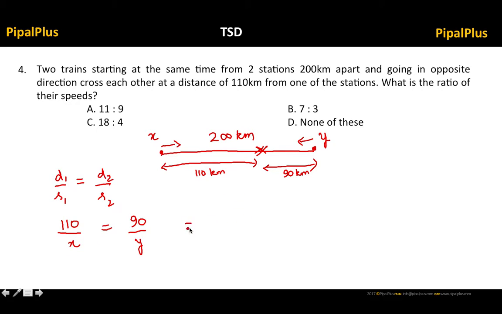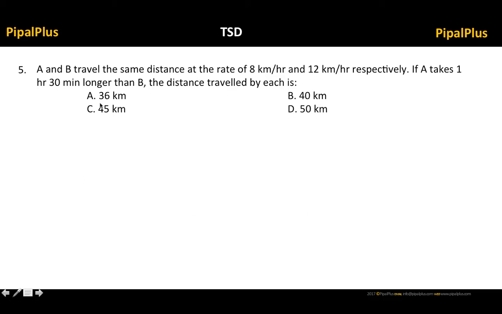So this equation will give me, by alternendo, 110 remains here and 90 comes to the denominator and x goes to the numerator. We cancel out the zeros and we get the ratio of the speeds as 11:9. So I mark A as the answer.